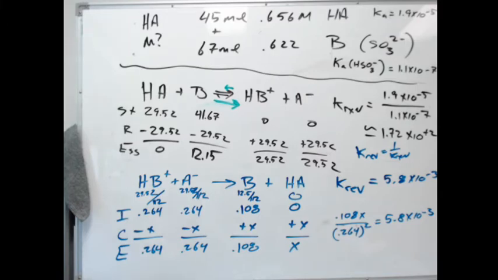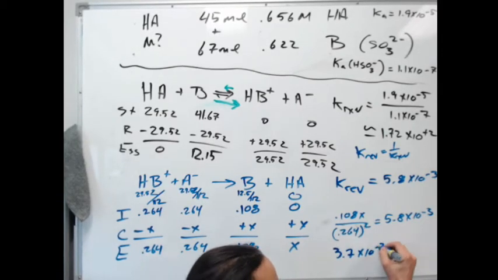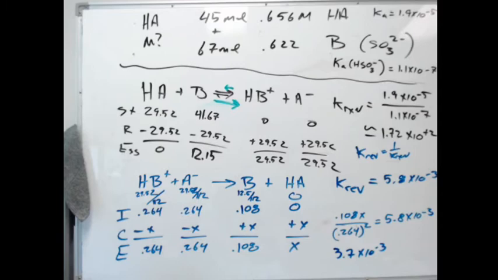I can't do this. 3.7 times 10 to the negative 3. 0.26 times 0.26 is the one that I'm having trouble doing in my head. 25 times, that's going to be like 125, so that's like 0.12 divided by 0.108. That's about the same. Oh, cool, good. Yeah, so it actually works out okay. The x is small approximation does work.